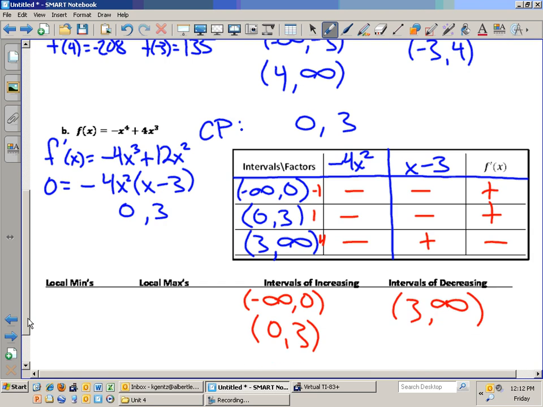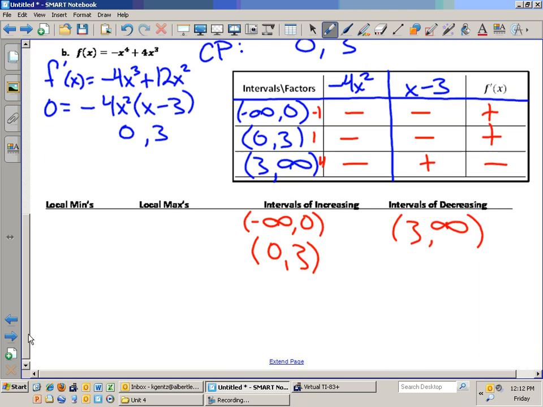Does it ever go from increasing to decreasing? At what point? 3. So it looks like you have a local max at f of 3. The local min is when it goes from decreasing to increasing. Does it ever go from decreasing to increasing? So we have none as far as local mins are concerned.